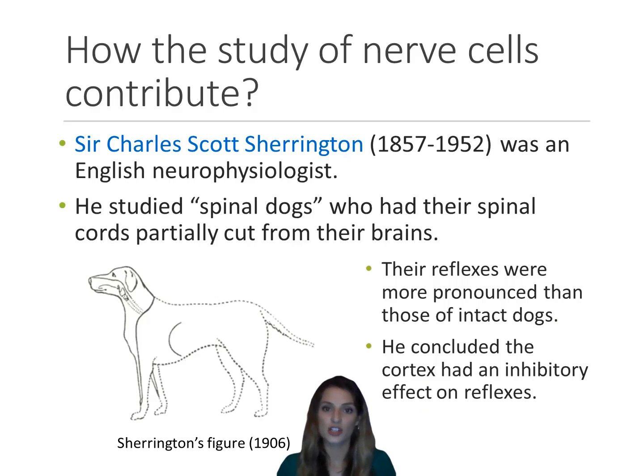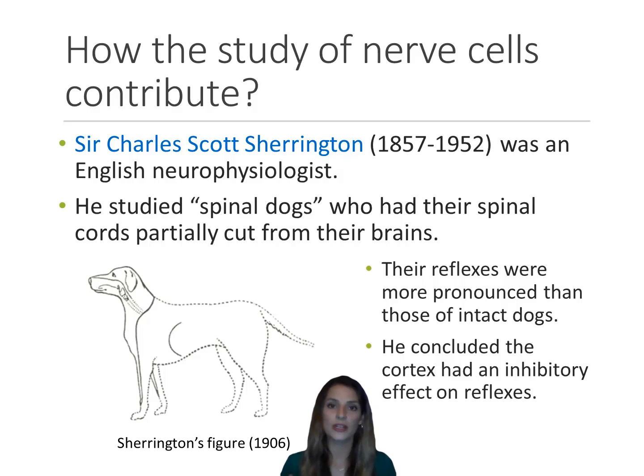Sir Charles Scott Sherrington was an English neurophysiologist. He was focused specifically on the functions of the mind, and he approached the study of this through physiology. He studied spinal dogs, dogs that had had some type of damage done to their spinal cords. Their reflexes tended to be more pronounced than those of intact dogs.